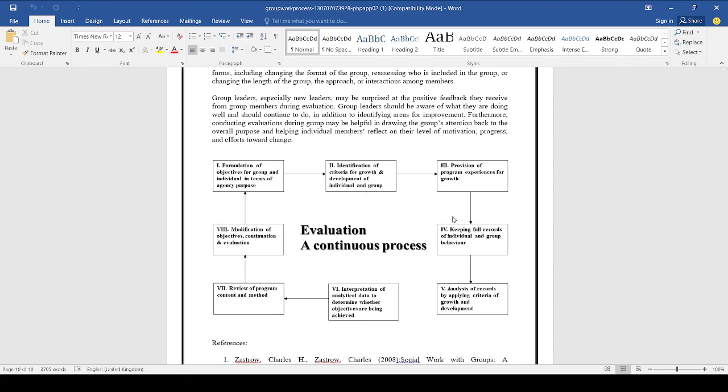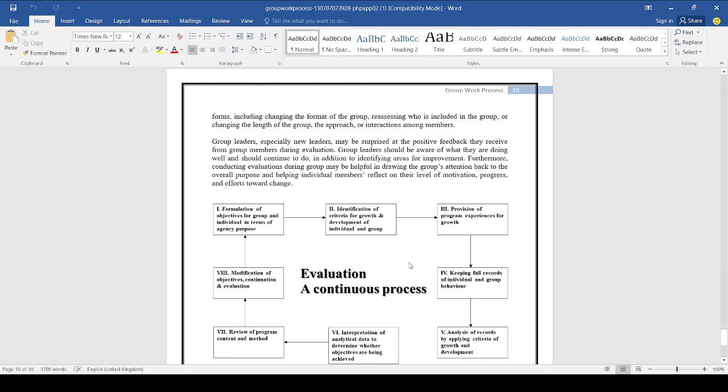Modification of objectives according to the needs and concerns of the members, keeping full records of individual and group behavior, review of the program content and method, interpretation of the analytical data, whether the objectives are achieved, and analysis of records. These are the important steps in evaluation. So evaluation is a continuous process.